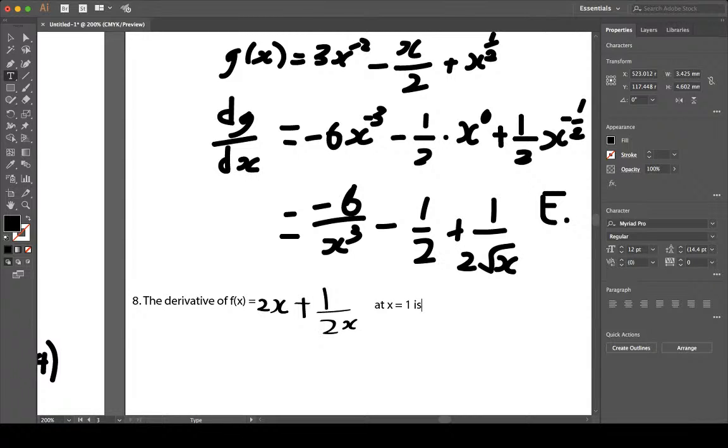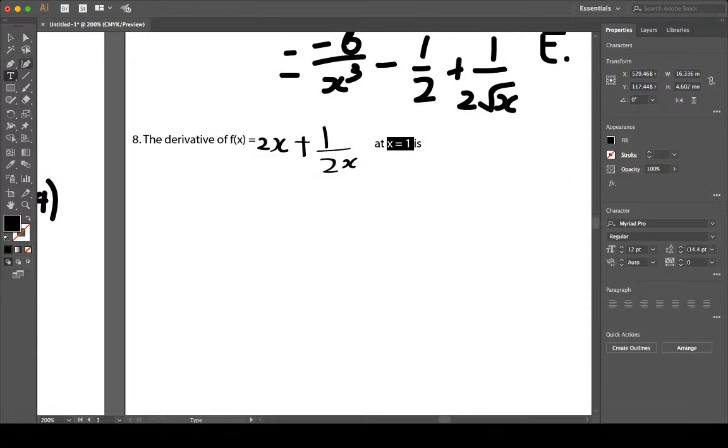Okay, so for this question, all I want you to do is don't put this guy inside here. That would get you 5 over 2, which is not the correct answer. In fact, what you need to do is take the derivative first, because here it's asked for the derivative.